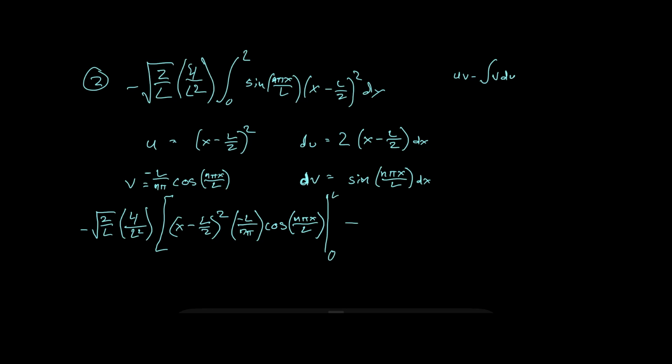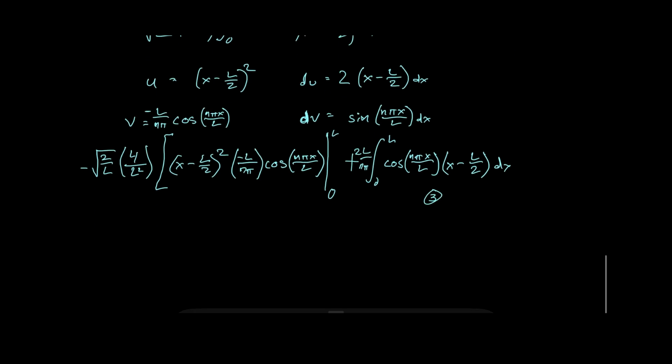Then minus the negative integral, so plus the integral from 0 to L of v, which is L over n pi cosine n pi x over L, du times 2, so we'll take the 2 out and put it over here, 2x minus L over 2 dx.